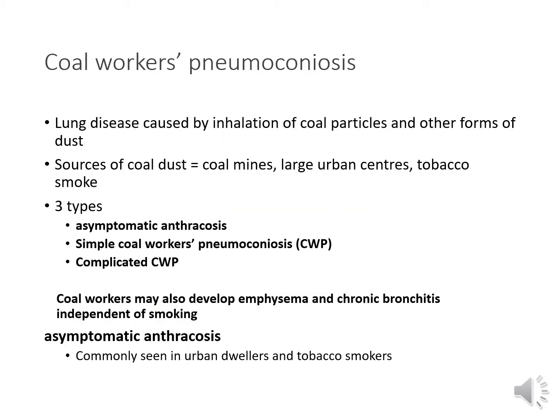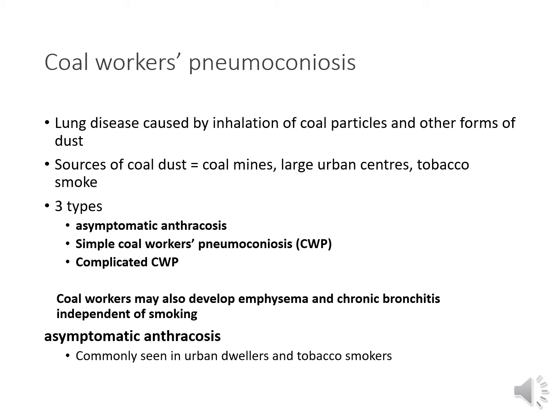Coal workers pneumoconiosis is a group of lung diseases caused by inhalation of coal particles and other forms of dust. Chronic exposure to carbon can cause fibrosis. The fibrosis is mediated by alveolar macrophages, which consume the carbon particles and induce the fibrosis. Sources of coal dust are coal mines, large urban centers, and tobacco smoke.